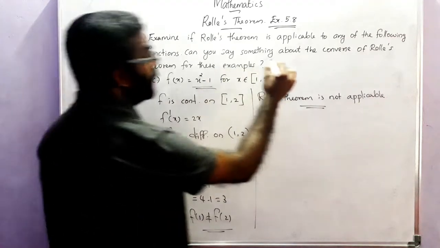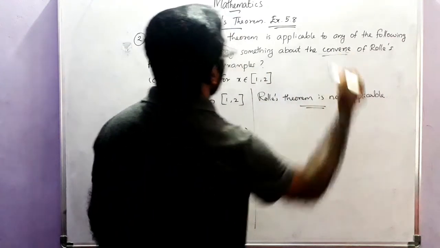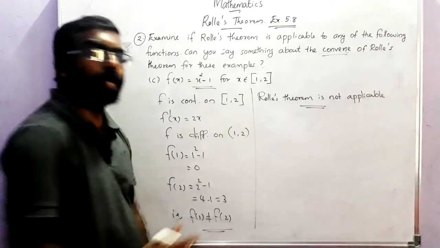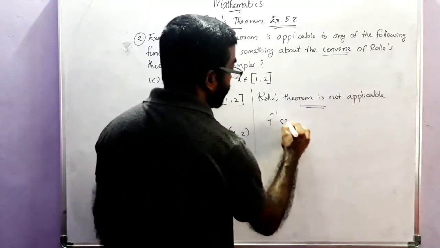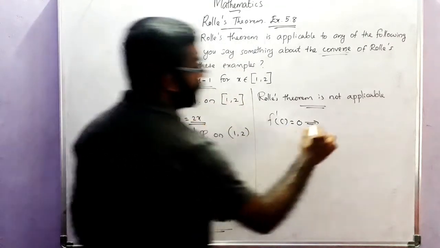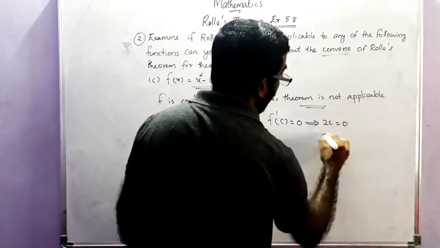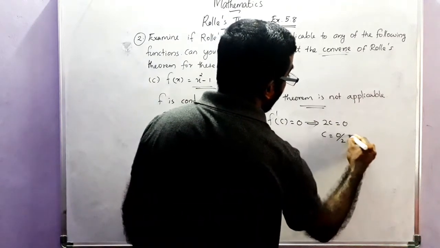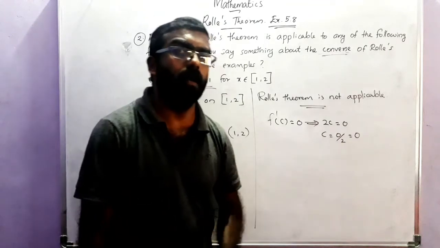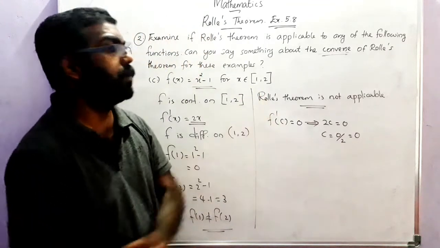Now the second part is the converse. Can you say something about the converse of Rolle's theorem? Here f dash of c is equal to 0 implies, f dash of x is 2x. So 2c is equal to 0, or c is equal to 0 by 2, which is equal to 0. So we have to check whether the number 0 belongs to open interval (1, 2).